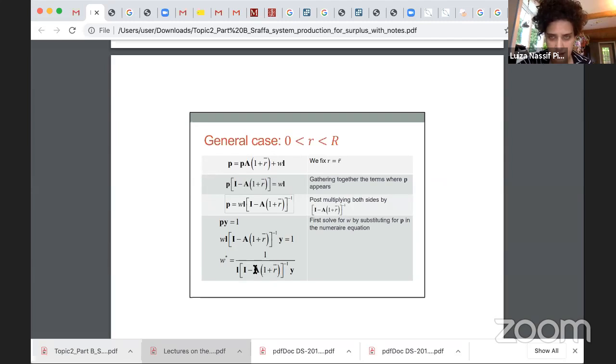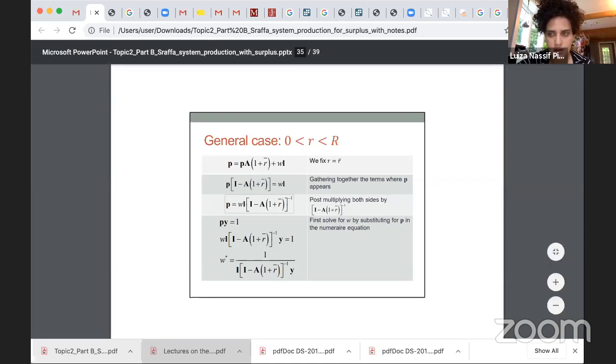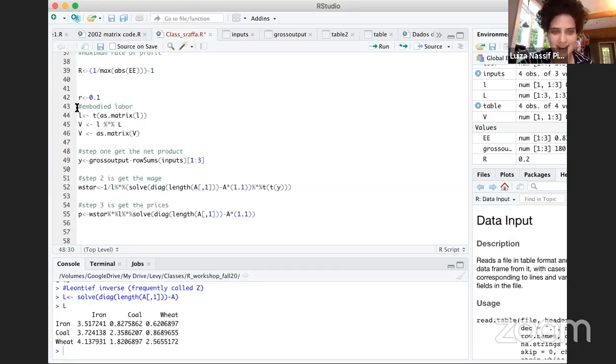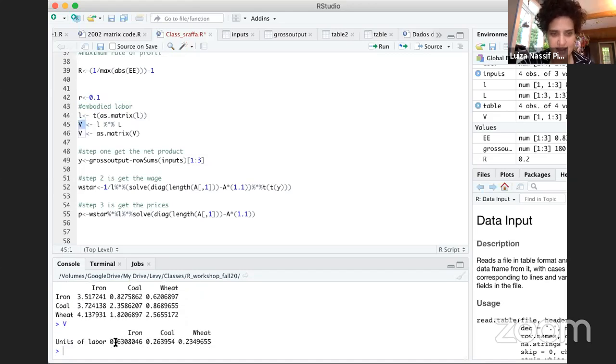So you increase your whole system by that profit, and then you look into the quantities of labor. When we did the labor embodied before, sorry, I go back and forth on things sometimes. The labor embodied that we calculated before, I calculated in terms of 1 unit of each of those commodities, right?